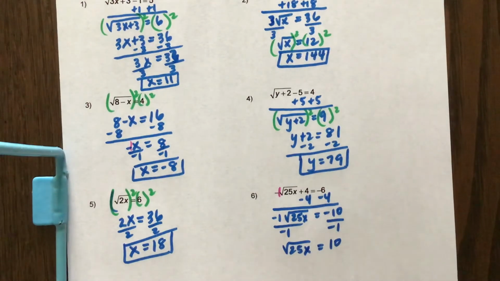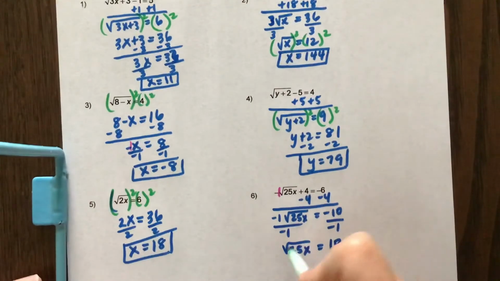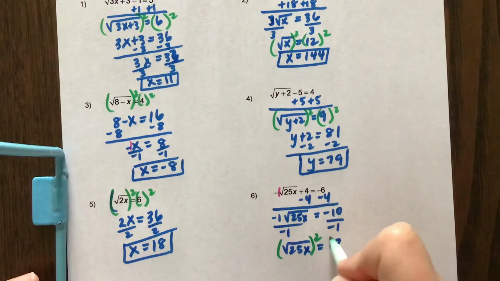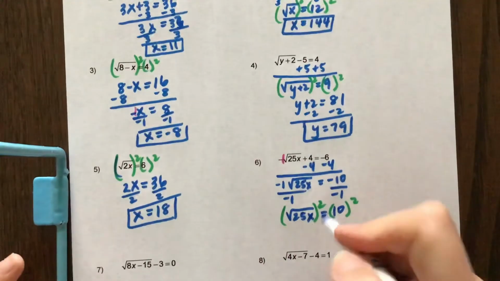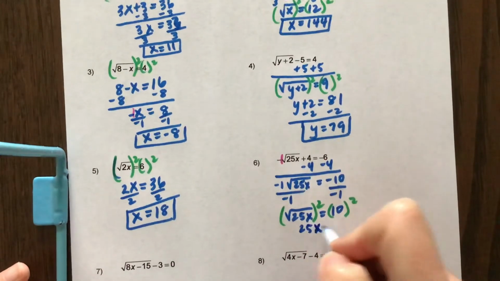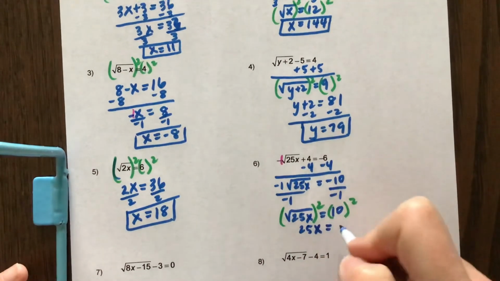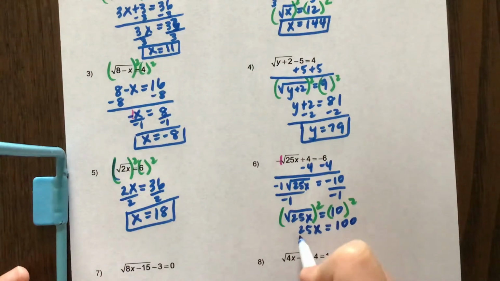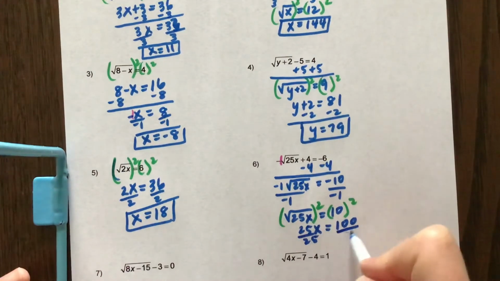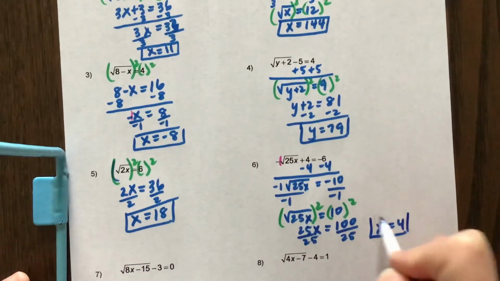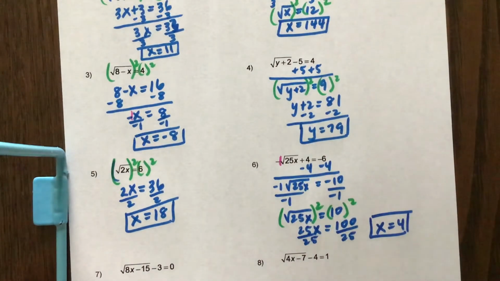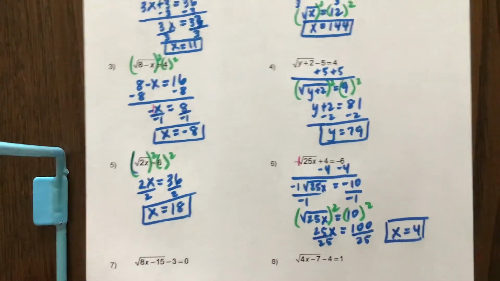Now my square root symbol is isolated, so I can square both sides to remove it. That's going to give us 25x equal to 10 squared is 100. Simply divide by 25. So x is equal to 4. 100 divided by 25 is 4.